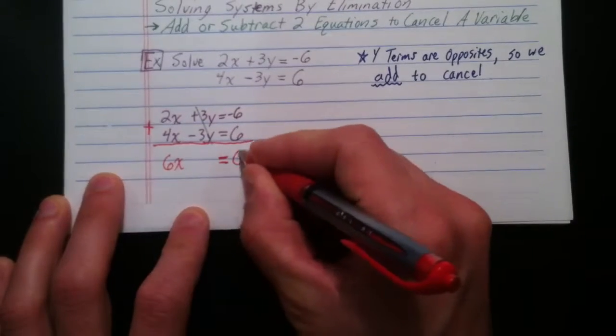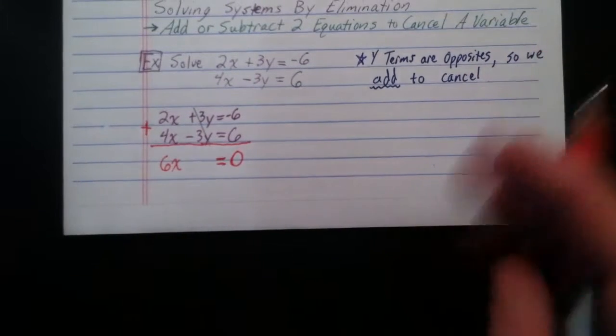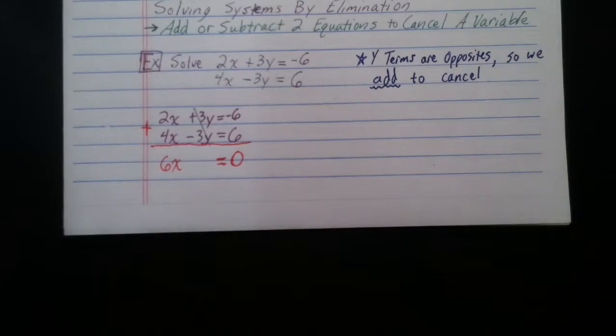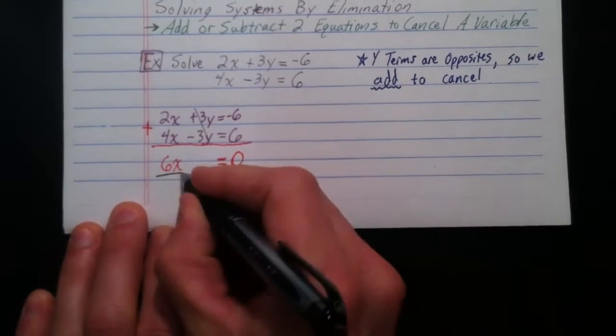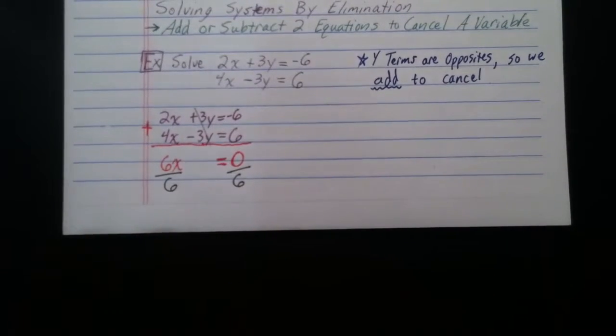But we do need to write something on that side of the equation, so we do have to put in a 0. So we're left with the equation 6x equals 0, an equation that's only in one variable, and an equation that's very easy to solve for x. We just divide by the coefficient of 6 on both sides, and we get that x has to equal 0.